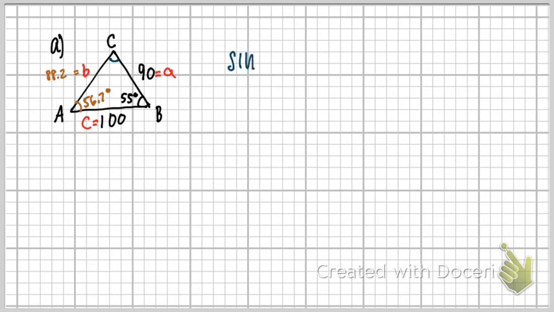So I'm going to have the sine of 55 degrees over 88.2, and that's going to equal, and again I'm trying to find angle C, so sine of C over 100, always the side opposite.